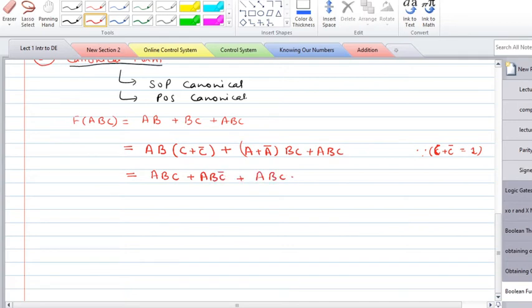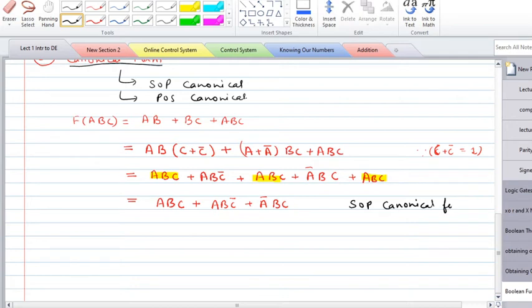Here it becomes abc plus a bar bc plus abc. You can see that this abc and this abc can be combined using a Boolean theorem. So you can write a single abc plus abc bar plus a bar bc, and this is nothing but your SOP canonical form.